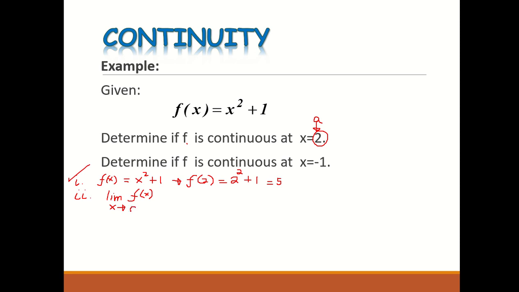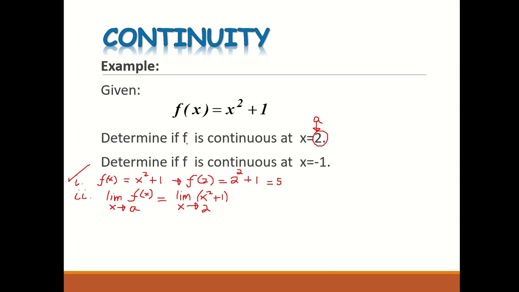Alright, so then rewrite it as the limit. So substitute the expression of our f of x. So instead of f of x, you write x squared plus 1. Then you enclose this with the parentheses, right? And then as x approaches a, where our a in our first problem is equal to 2.